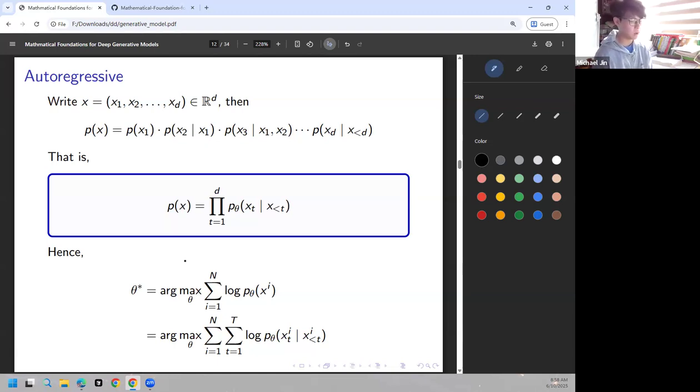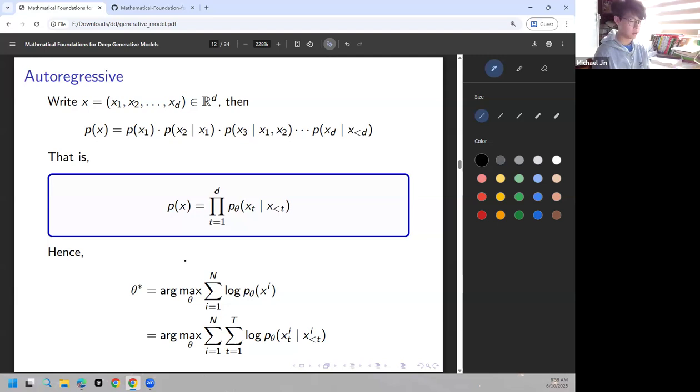And then we continue this process all the way to, if X1 to XD minus 1 have been drawn out, what's the probability of XD appearing? All right, so this is P of X, which is a product of all P theta of xt, given that all the components less than t have been seen, right?